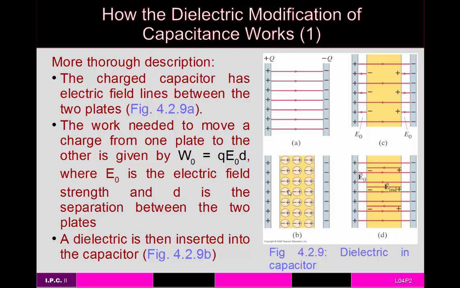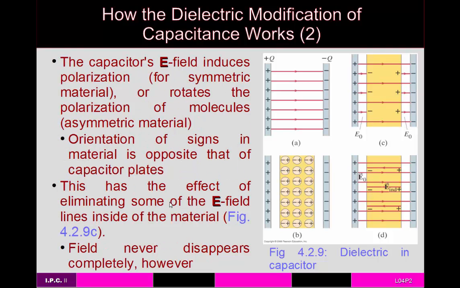So now we insert a dielectric in between the two plates. Minus, plus, minus, plus, minus, plus. Everything's aligned along these field lines. What that does is you've got induced polarization for the symmetric material, or you have rotated polarization for the asymmetric material.